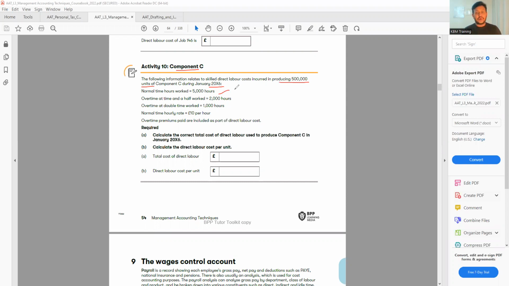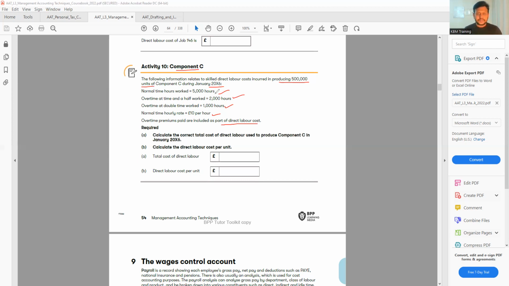Overtime at time and a half is 2,000 hours. For 1,000 hours the rate is double. The normal rate is 10. Overtime premium paid is included as part of the direct labor cost. The question tells us to take the premium as a direct labor cost.